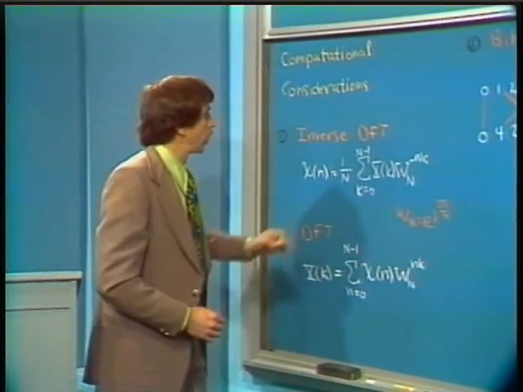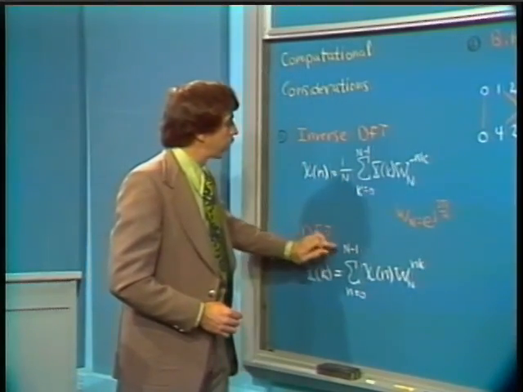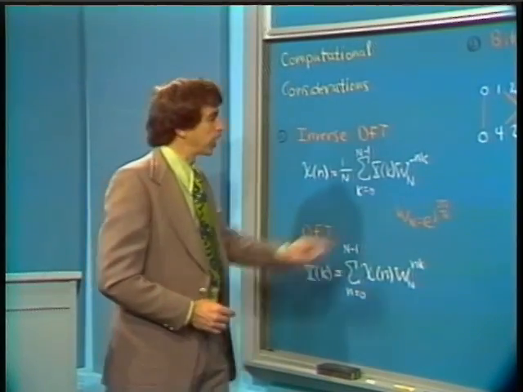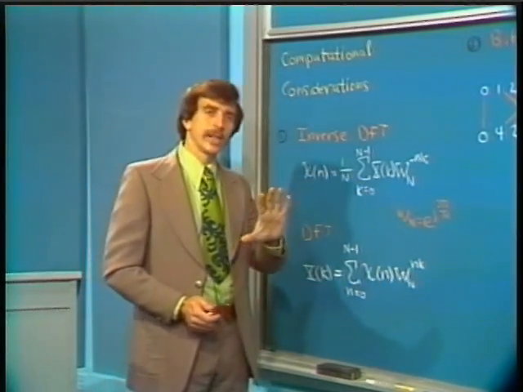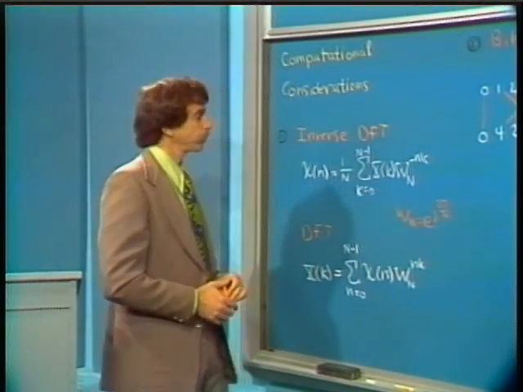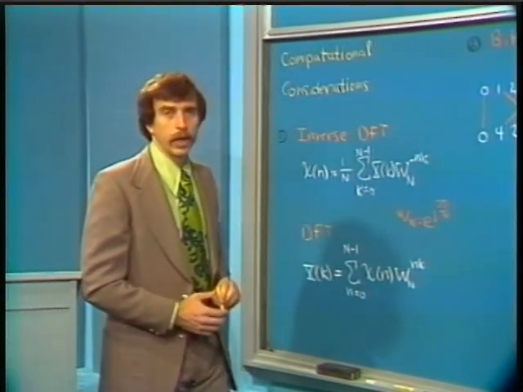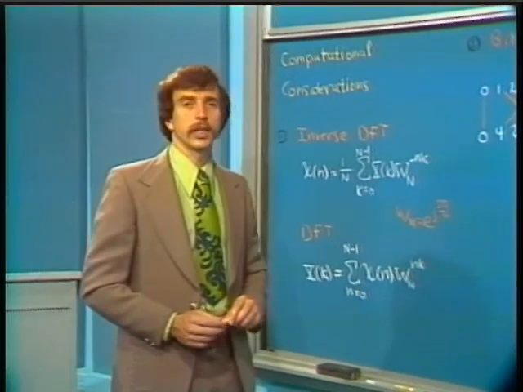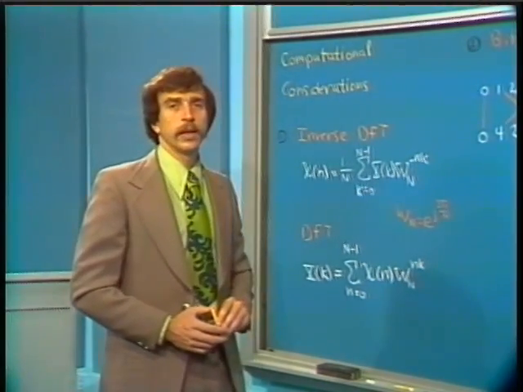So we can either compute the inverse DFT from an algorithm aimed at the forward DFT by conjugating the coefficients, or equivalently by essentially flipping the output modulo capital N. So all of the algorithms that we have talked about relate in a very straightforward manner to the computation of the inverse discrete Fourier transform.